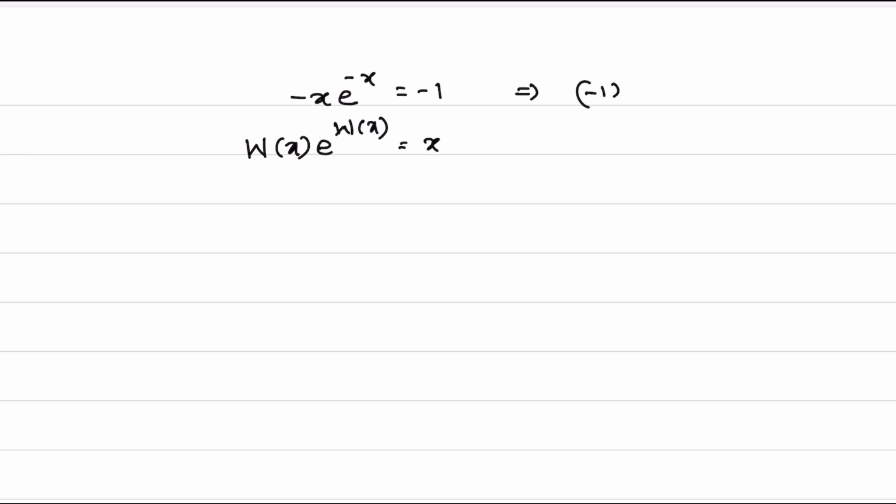Or we can say, instead of minus 1, we can even write minus x into e to the power of minus x is equal to x, where x is equal to 1.